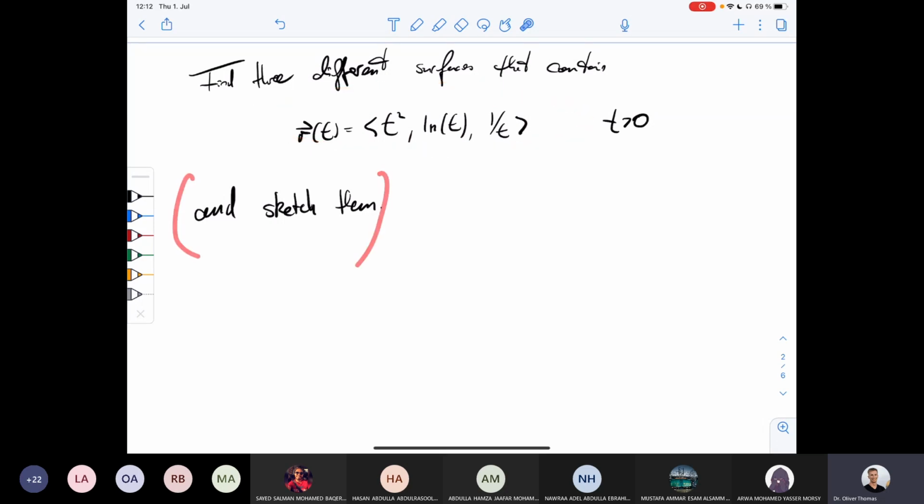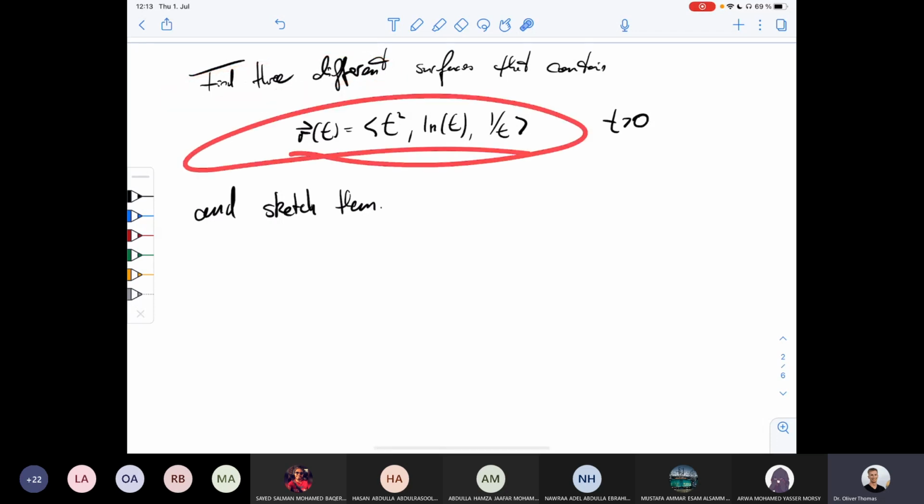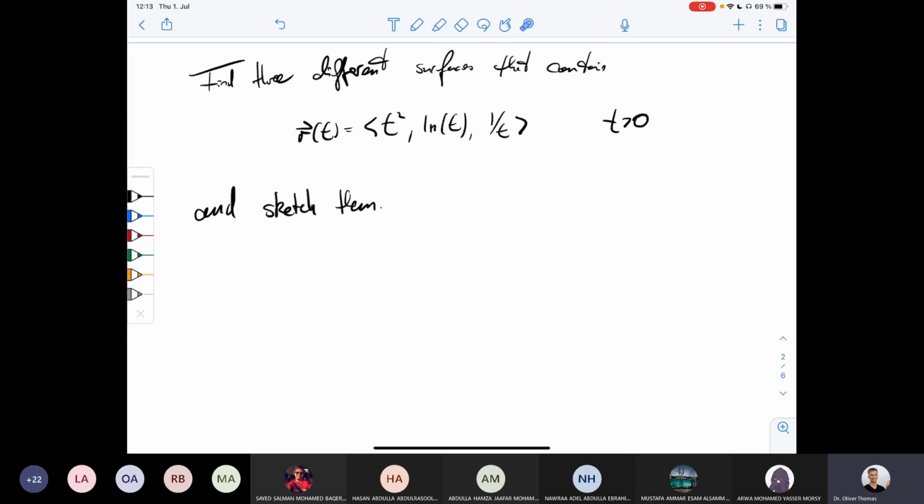And afterwards, we are again going to sketch them. But first of all, take, let's say, 3 or 4 minutes and work out 3 different surfaces that contain this curve. And again, if you have any kind of idea or result or question, either unmute yourself or post them in the comments. I'm here.